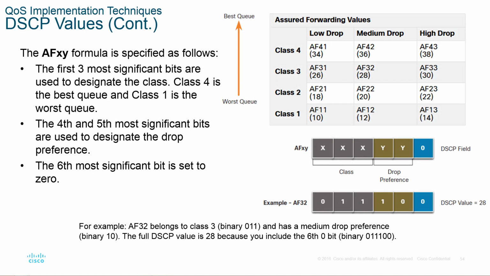And our assured forwarding values are shown here, and we're using our first 3 significant bits to designate the class. Class 4 is the best queue, and class 1 is the worst queue. So the 4th and 5th significant bits are used to designate the drop preference, and the 6th most significant bit is set to 0.